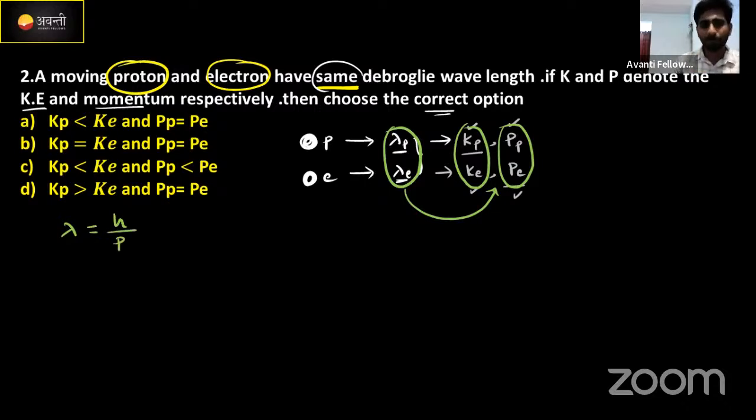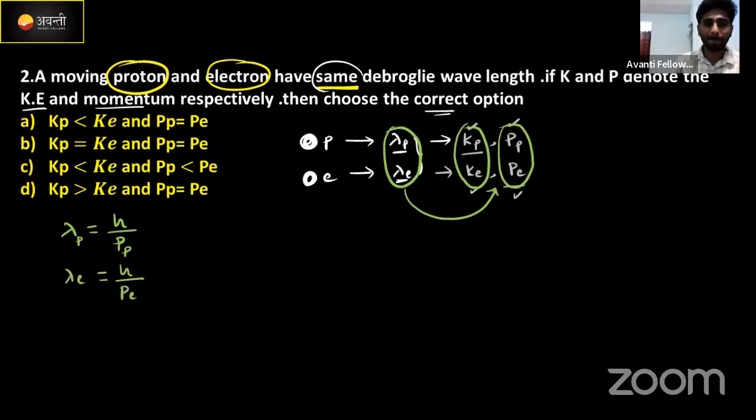We'll write this for the proton. Here lambda p will become h over p, where h is constant for both and p means the momentum of the proton. And the second thing is that lambda of the electron is equal to h divided by the momentum of the electron.